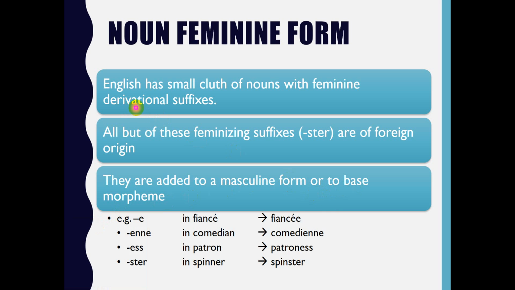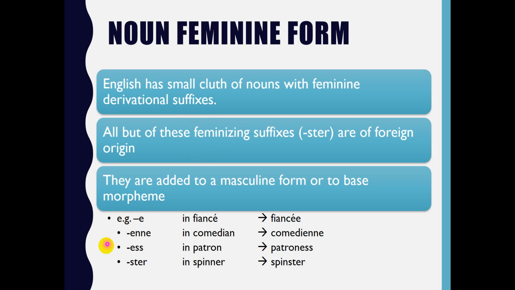Of course, it belongs to derivational suffixes, which will indicate the feminine form. Some of these suffixes are of foreign origin, so they are not originally from the English language.